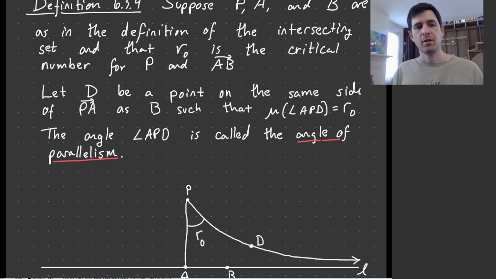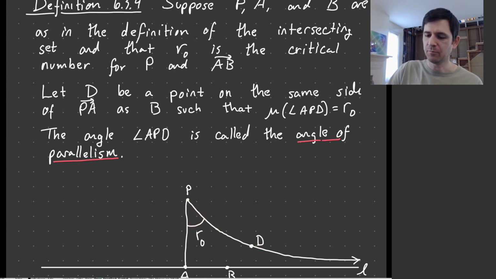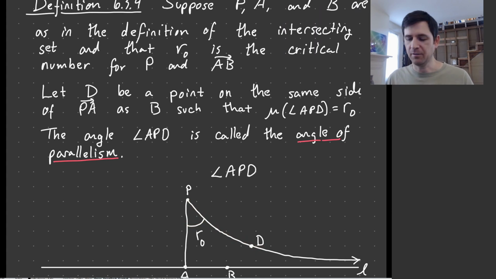So remember, angles are not measures of angles. So R naught is the measure of the angle of parallelism, but the actual angle is the union of the two rays. So APD is the angle of parallelism. In other words, this is this ray union this ray.